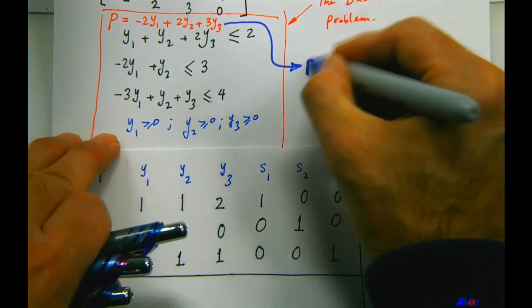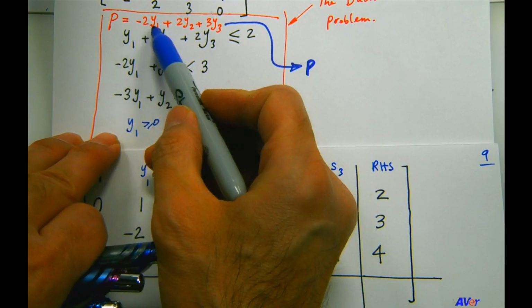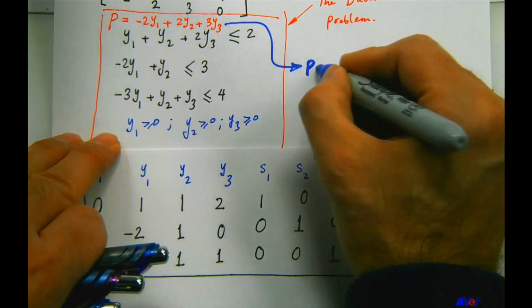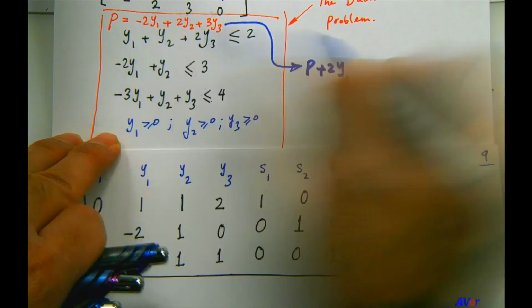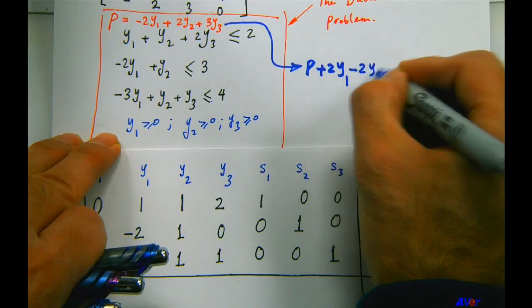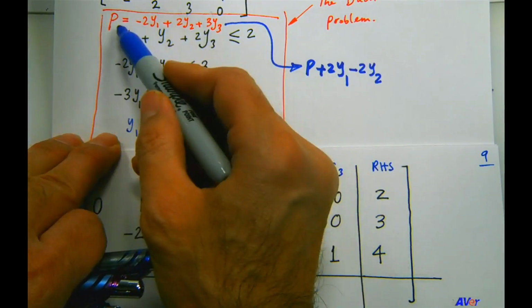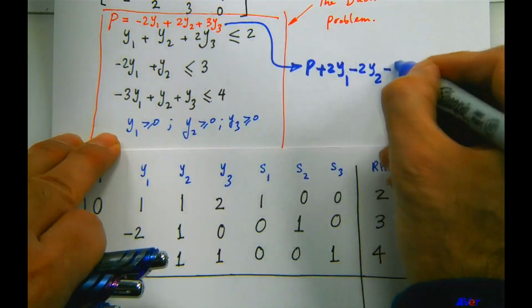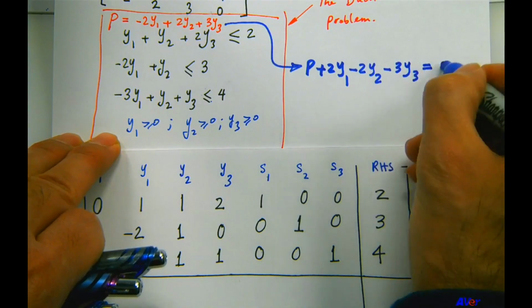So p, when you move -2y1 to the left, it becomes positive 2y1. Then -2y2 moving to the left will become +2y2. And of course, positive 3y3, when you move it to the left side, it becomes -3y3. And what do we have left on the right side?